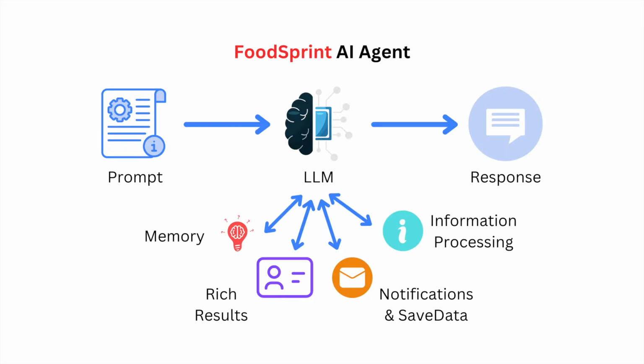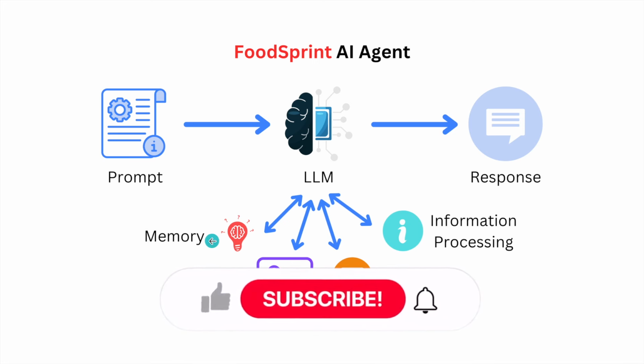In the case of the Food Sprint AI agent, we are going to have multiple kinds of tools available to the AI, so that based on the user input, it can perform some actions and generate the response. For example, our LLM should have a memory to remember past interactions.